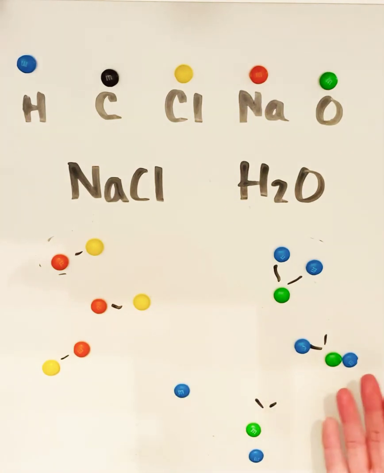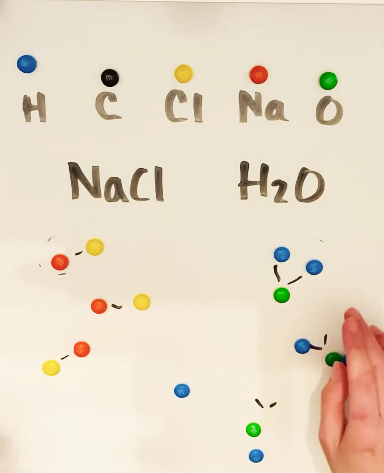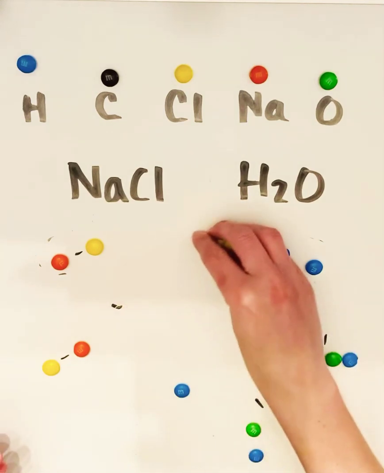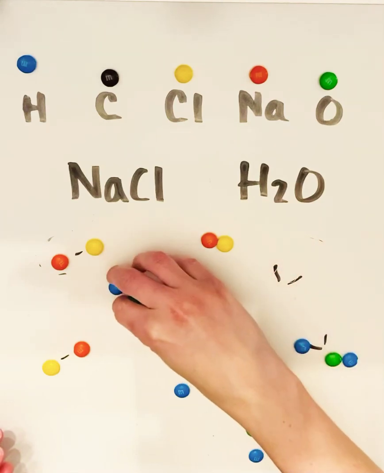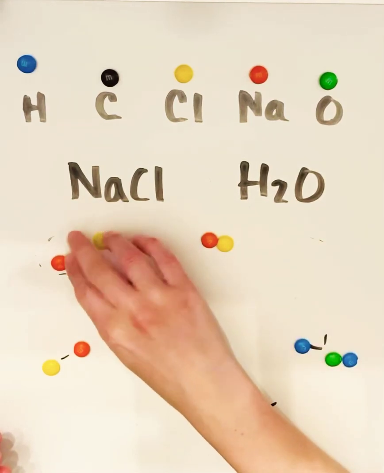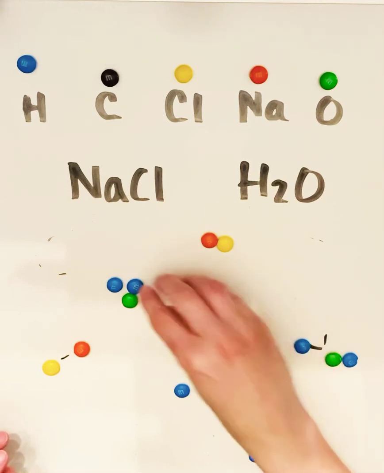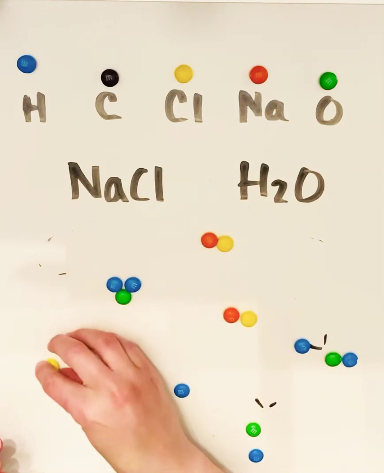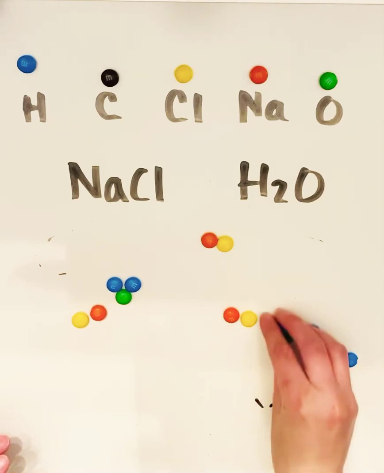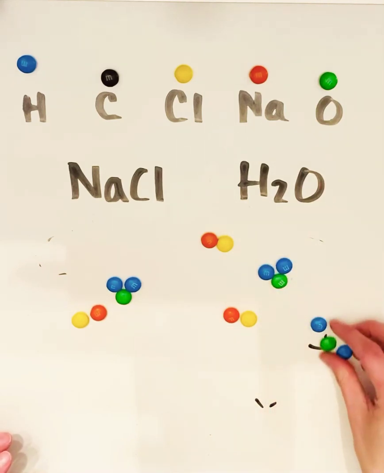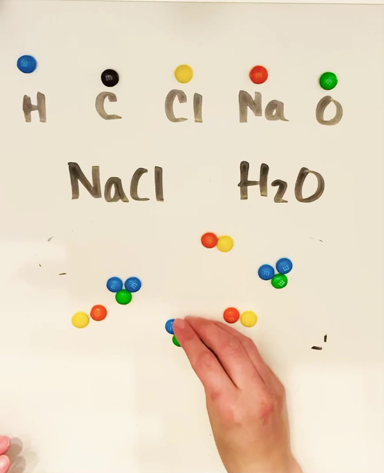So that's a mixture. To represent this here, all I'm going to do is move around some of my sodium chloride compounds. I'm going to forget my lines for the chemical bonds. Just imagine that they're there. And I'm just going to start mixing things together. So I'm mixing my salt and I'm mixing my water.